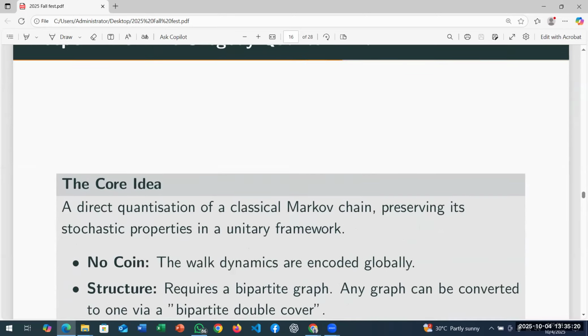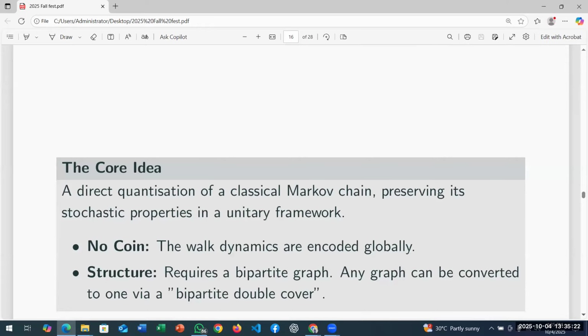This Szegedy quantum walk actually leverages the classical Markov chain that we know. The initial thing he did was to start from the classical, then turn the whole process quantum. You will see it. It's a very interesting theory.